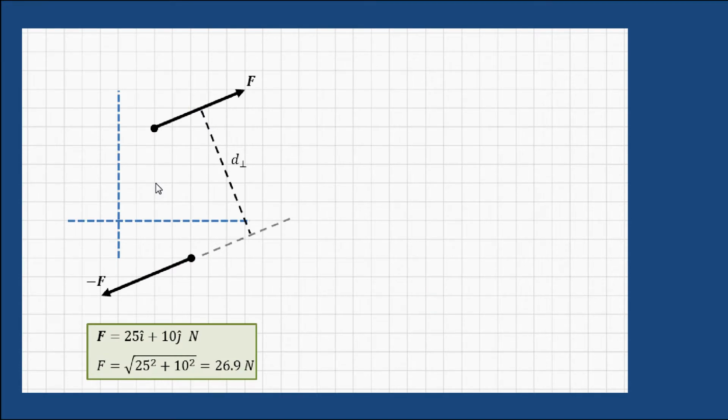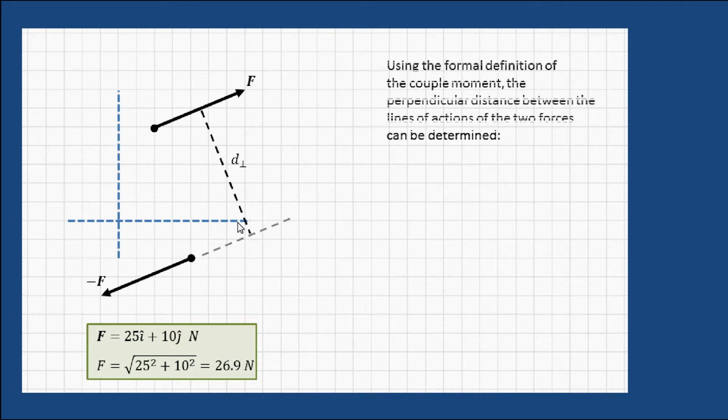Now, we can take a look at one last thing. If we want to find the perpendicular distance between the lines of action of the two forces, we can utilize the formal definition of the couple moment, because the formal definition is that the couple moment produced by a couple is equal to the magnitude of the force vector times the perpendicular distance, which in this case is 195 Newton meters.